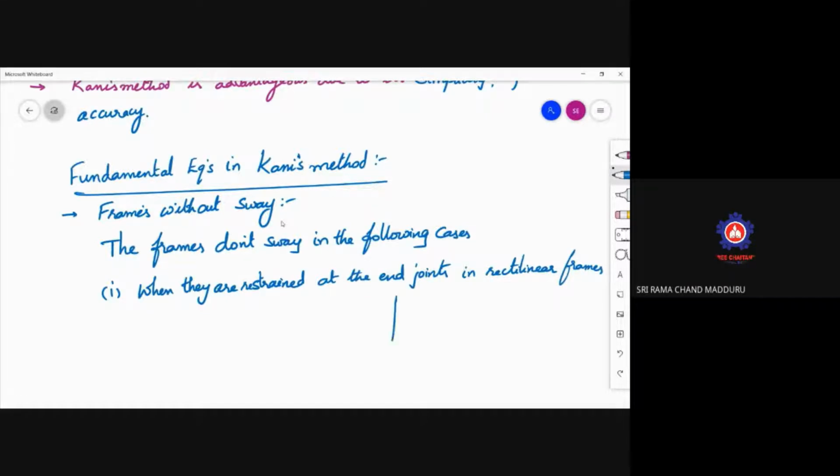So for example, see here, a frame is there like this. Here you can observe it is having a restraint along horizontal direction.